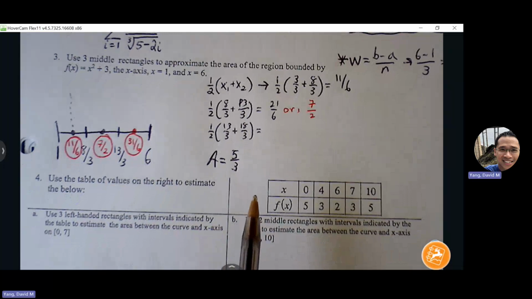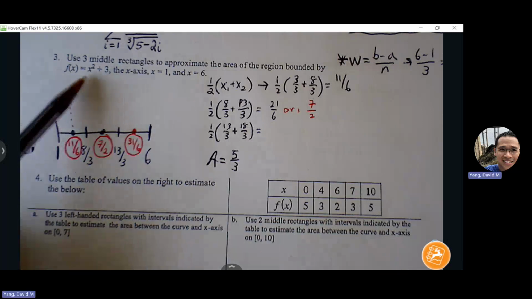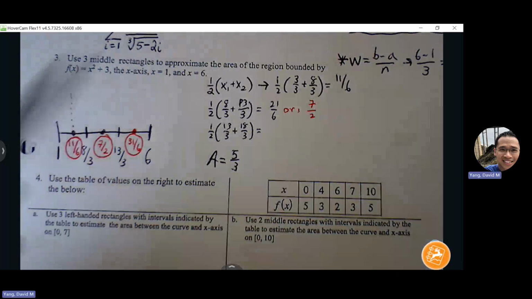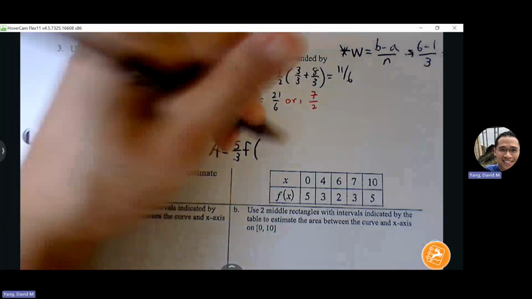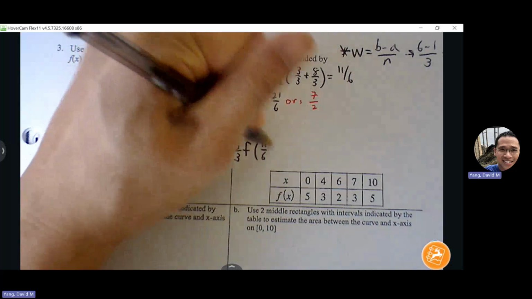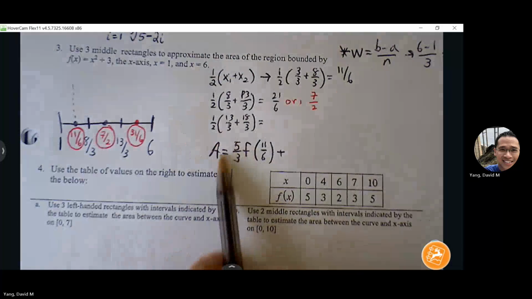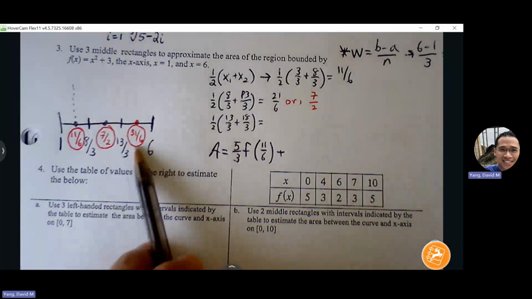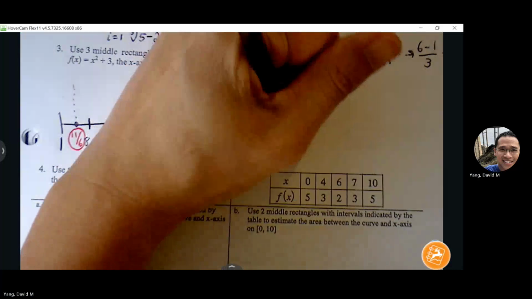What will represent the height of my first rectangle? Yeah, f of 11/6, right? Plug 11/6 into the function. That'll give me my height. I'm just indicating what I plan to do, and then we can do the calculator portion at the end. Width times height, and we repeat the process for the other two rectangles.